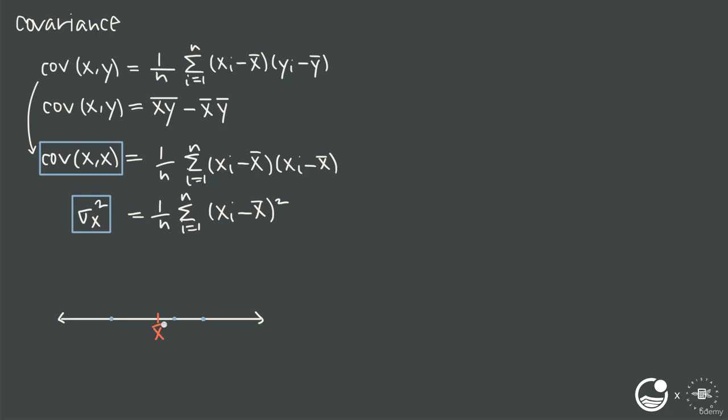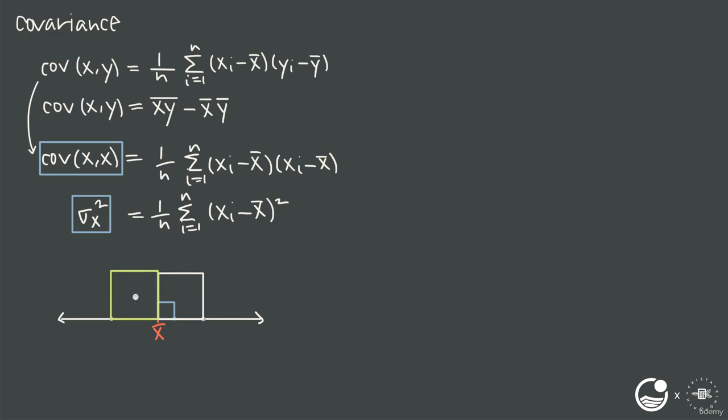So in other words, looking at this closest data point here, if we create a square between this data point and the mean, and then we create another square between this data point and the mean, and finally another square between this data point and the mean, now we have three pieces of area.